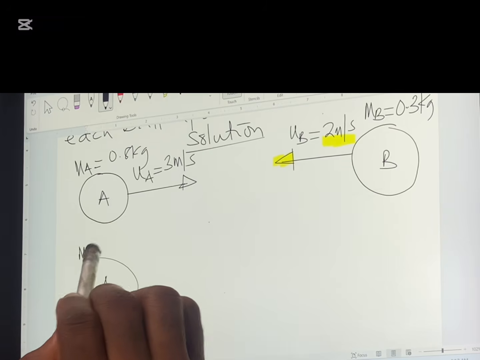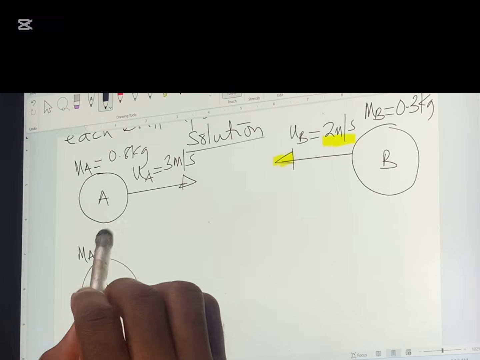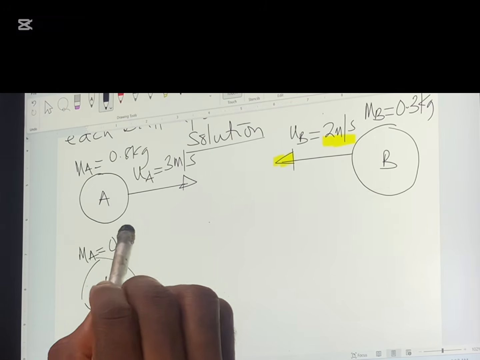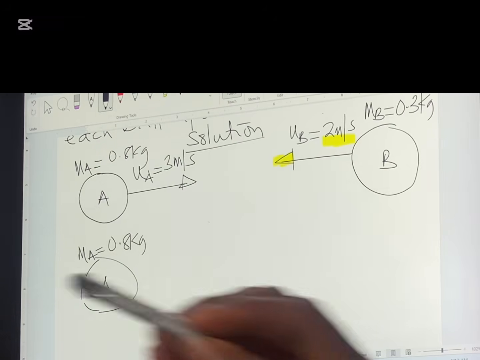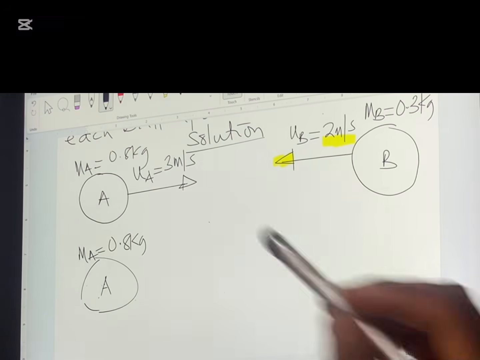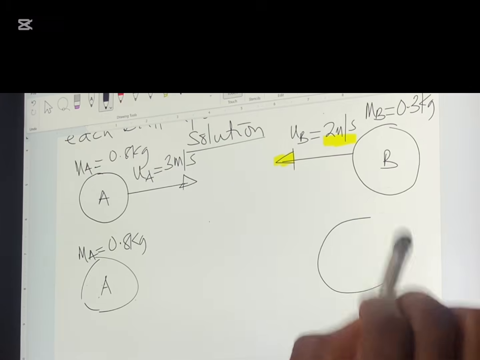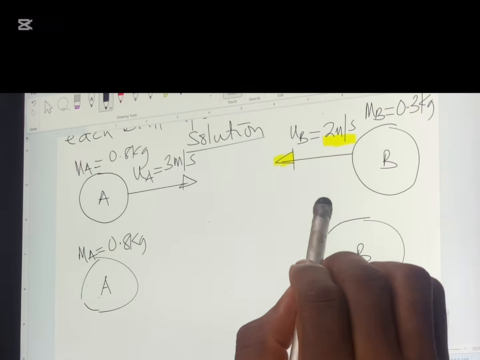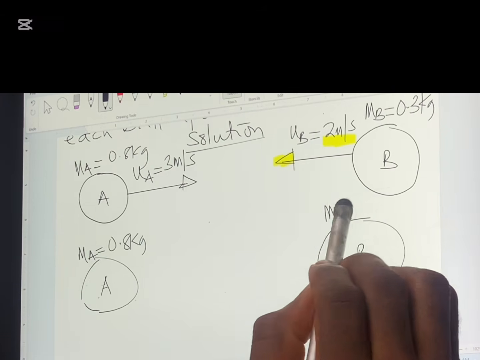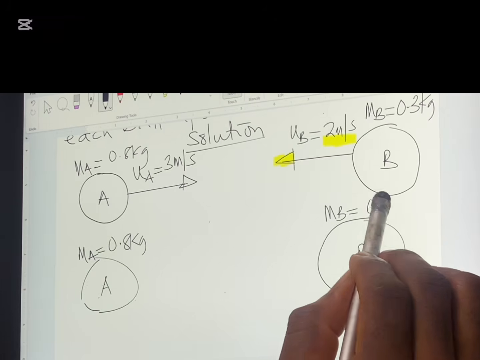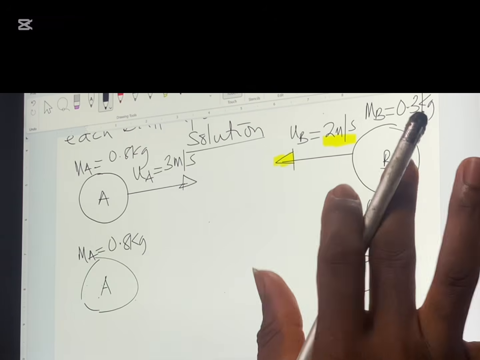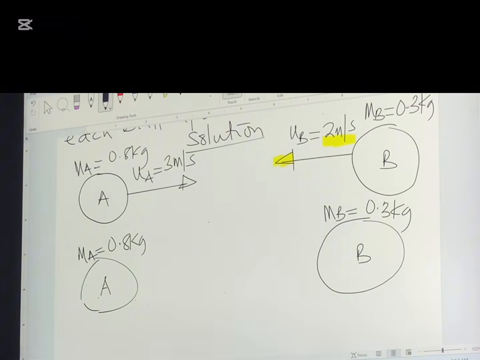Mass A is 0.8 kg. There's no velocity here after collision, okay? Now, this is ball B. The mass remains the same. Mass B is 0.3 kg. There's no velocity here, so it means the same as that, okay?